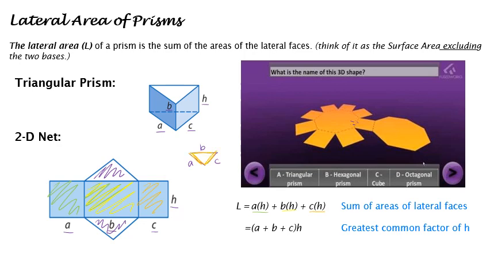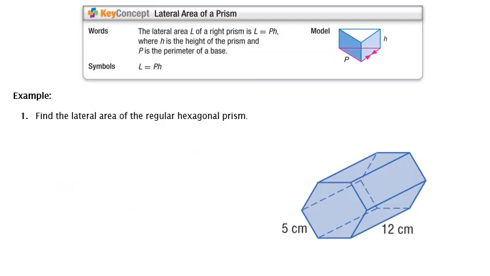So I could write this instead as P for perimeter, times whatever my height is, P times H. So in general, this is going to be the lateral area formula for a prism. We've got that up here on the next page.